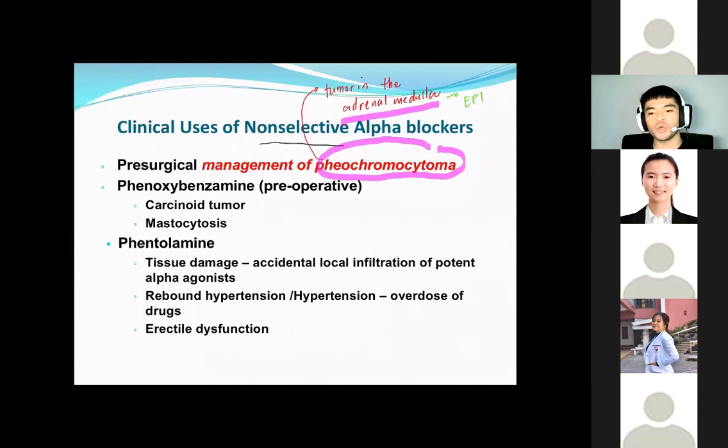So the problem in pheochromocytoma, may bukol, kaya may tumor siya. So anong implikasyon pag may presence ng tumor doon? If you are familiar, ang ating adrenal medulla ay nasa superior part ng kidney. Halimbawa, ito yung kidney natin. Nasa ibabaw ang adrenal gland.